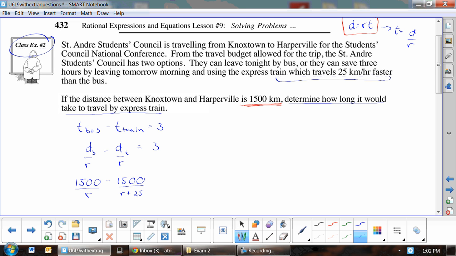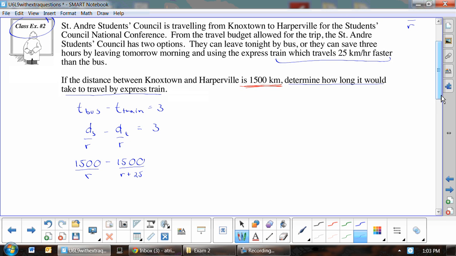Okay? So this time we add 25 because they say it's that much faster. If I said I had $2 more than you, and you had $5, you would know I had $7, right? With the previous question, they said 8 times faster. Just like if you had $5 and I said I have 2 times as much money as you, you would know I had 10, not 7, right? So we know this is equal to 3.